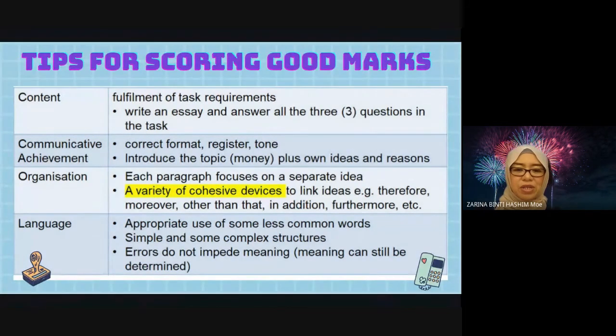Okay, language. Language pun tadi kita just cakap language tu kalau kamu salah pun boleh dapat markah kan. Okay, kat sini salah tapi tak boleh salah yang banyak lah. Okay, contoh, appropriate use of some less common word. Maksudnya kamu contohlah kamu nak describe sosok orang tu kan, she's a very beautiful lady. Kalau kamu dah guna perkataan beautiful, nice, dia macam perkataan tu very common tau.